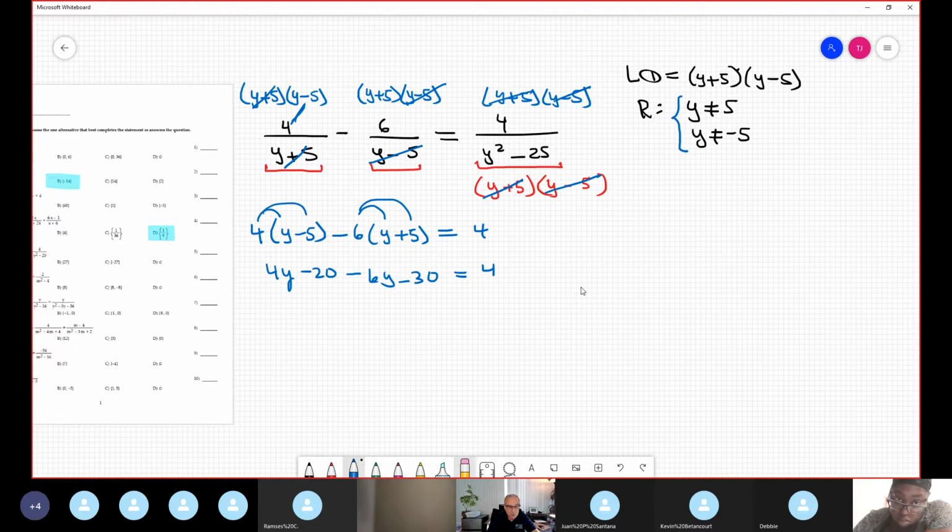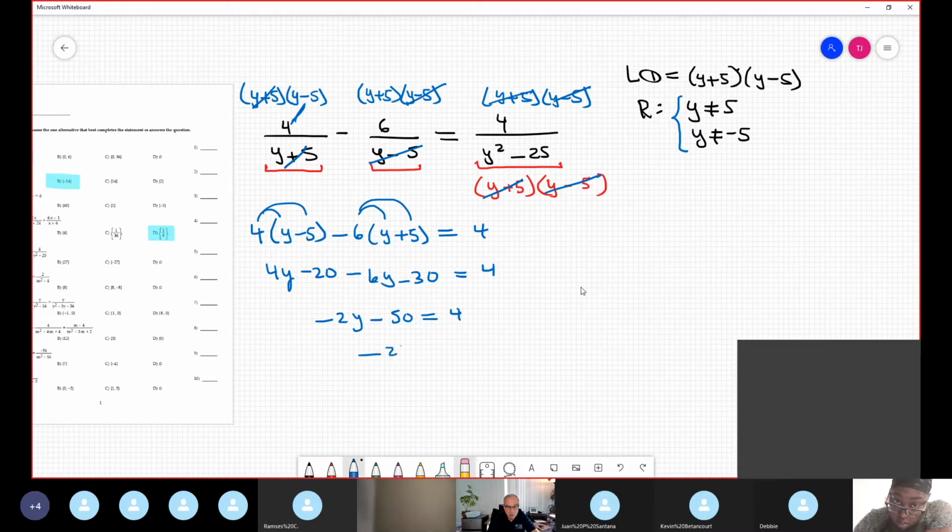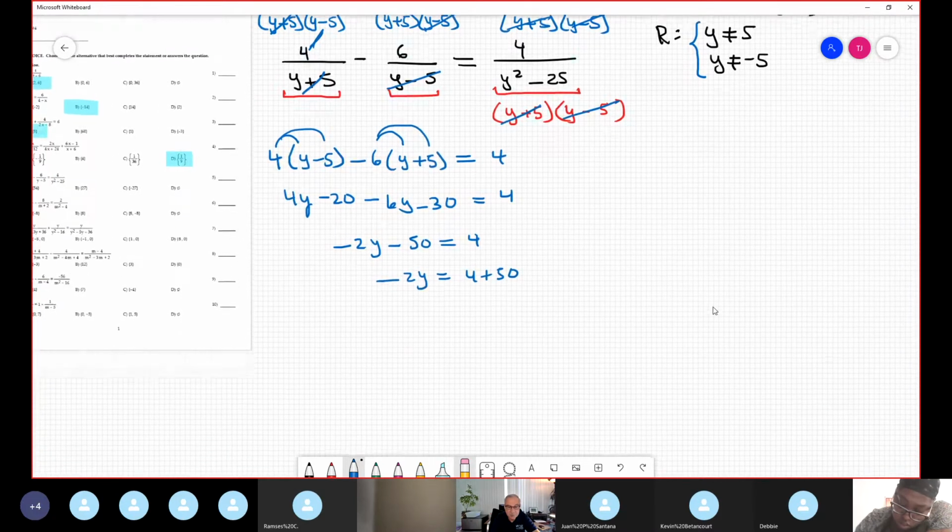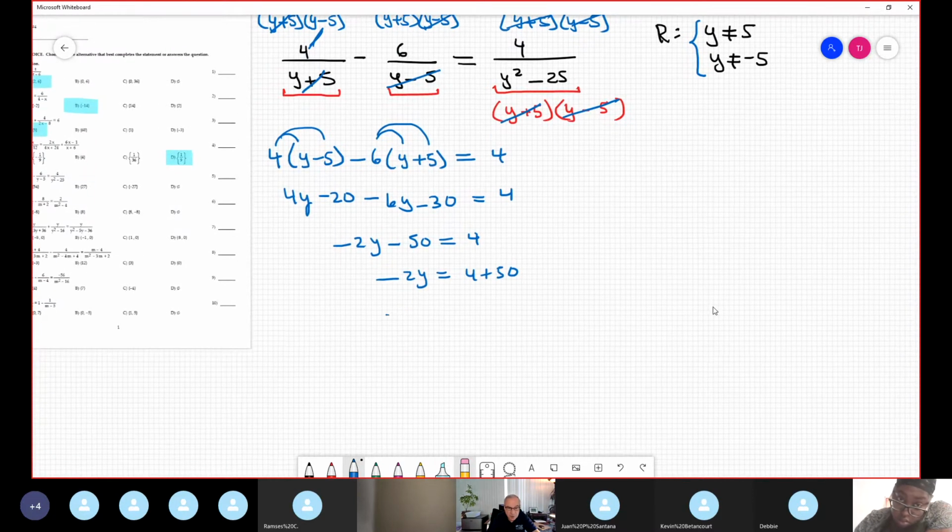4y positive, negative 6y is negative 2y. And it's a negative 50, equal 4. Now I move 50 to the other side: minus 2y equals 4 plus 50. 54, no? Minus 2y equals 54.